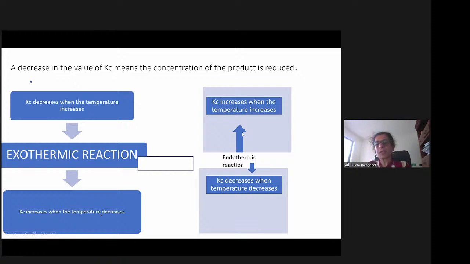In an endothermic reaction, what happens? Kc increases when temperature increases, and Kc decreases when temperature decreases. That is when your delta H is given to you. So once again, I repeat, in an exothermic reaction, the Kc will decrease when the temperature increases. Kc increases when temperature decreases.